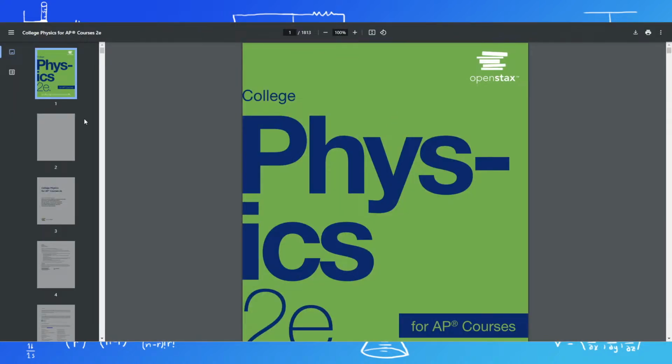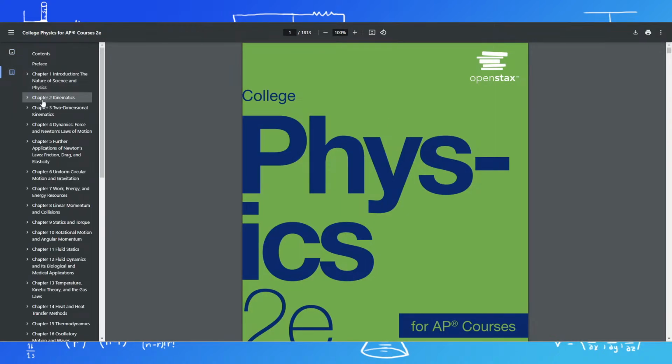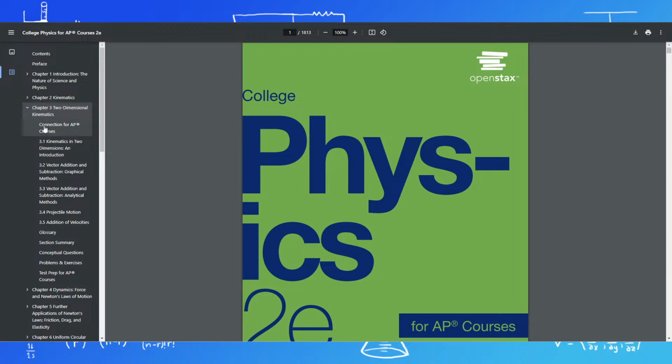It looks like this. Just go to chapter 3, skip over to the conceptual questions, problems, and exercises, and try out a few until you feel that you've got a good grasp of how to do everything, until you've developed a sense of direction for how to do these problems.